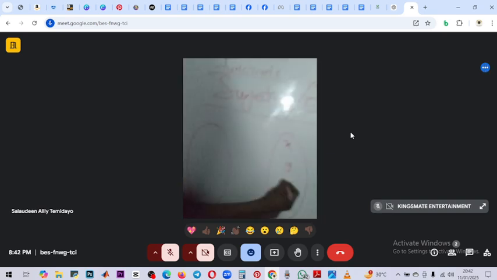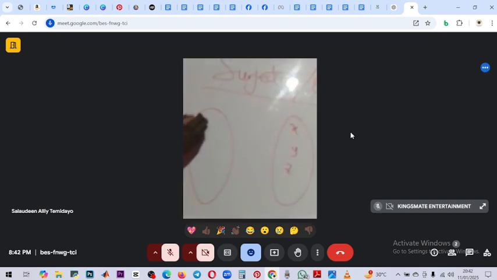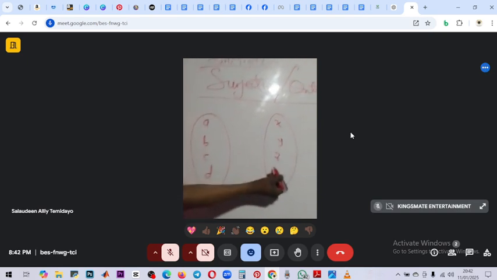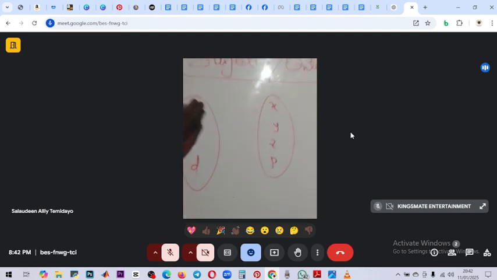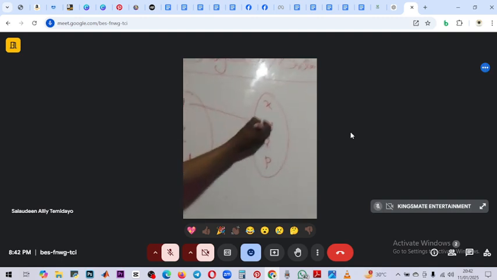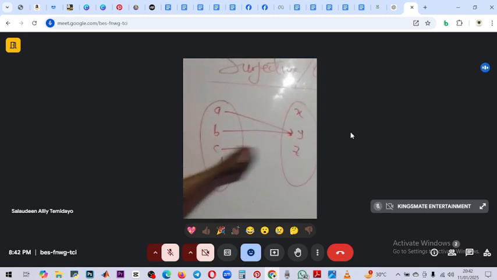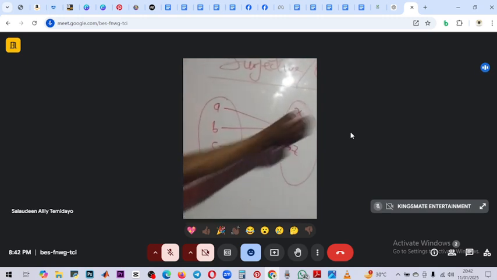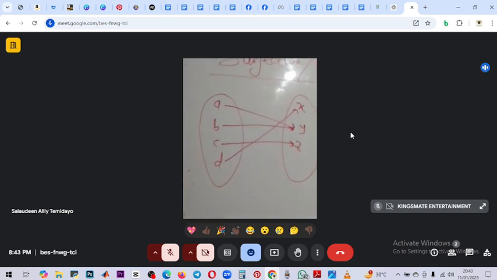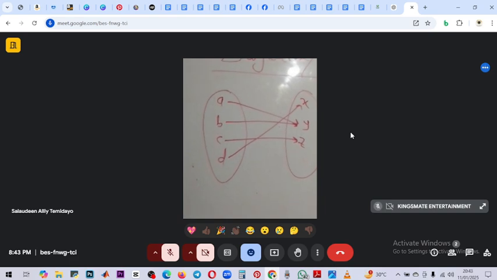So this is X, Y, Z. This is A, B, C, D. Look at this. B and A are going to 1, right? C to C and D to X. This is what we call an onto function.